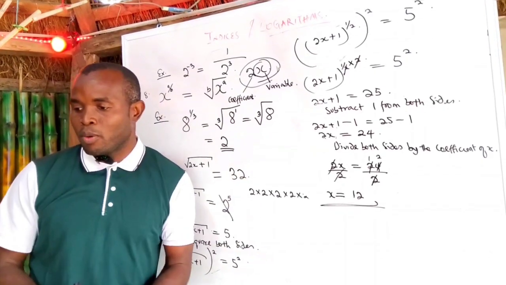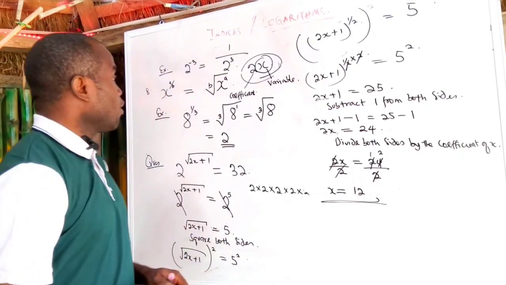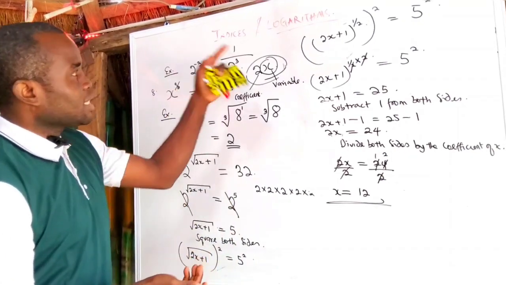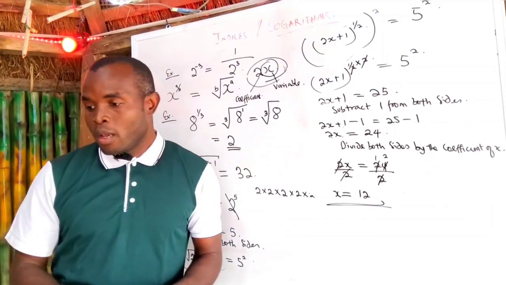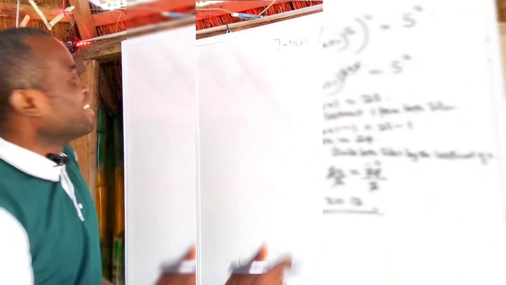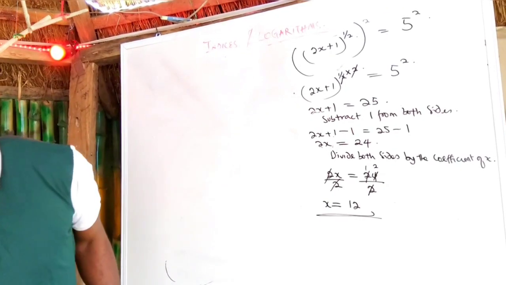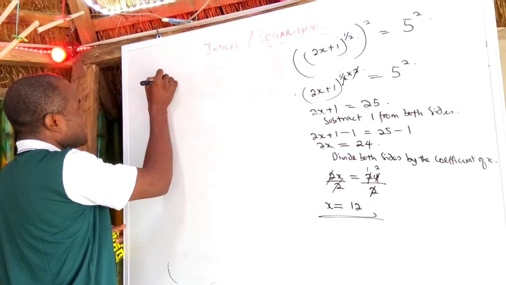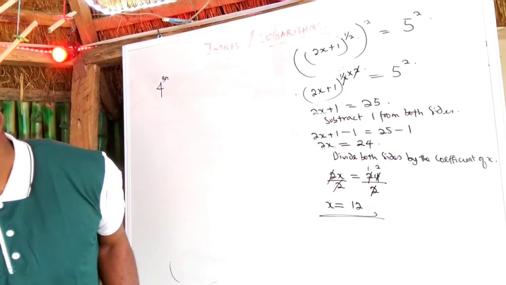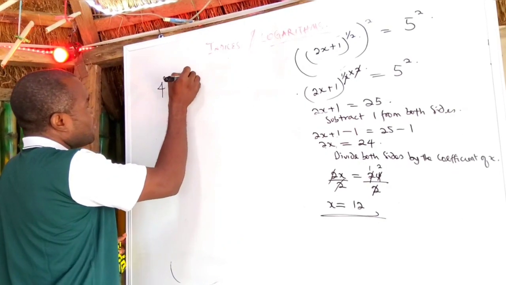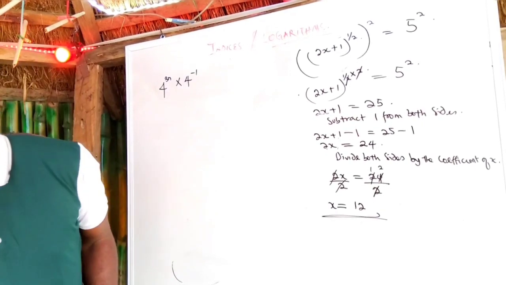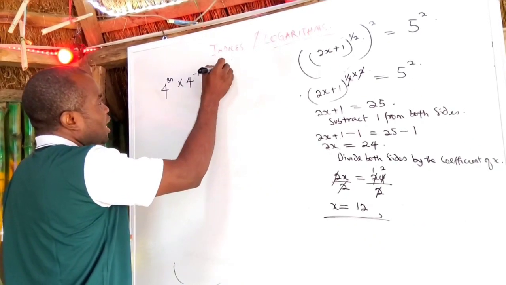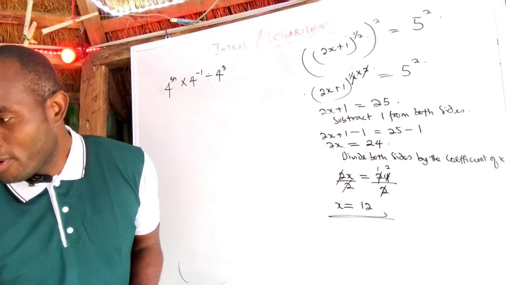So let's take one more question before we go into the law of logarithm. It's just the brother of another, that is indices and logarithm. So we have 4 raised to power 3n multiplied by 4 raised to power minus 1 divided by 4 raised to power 3.